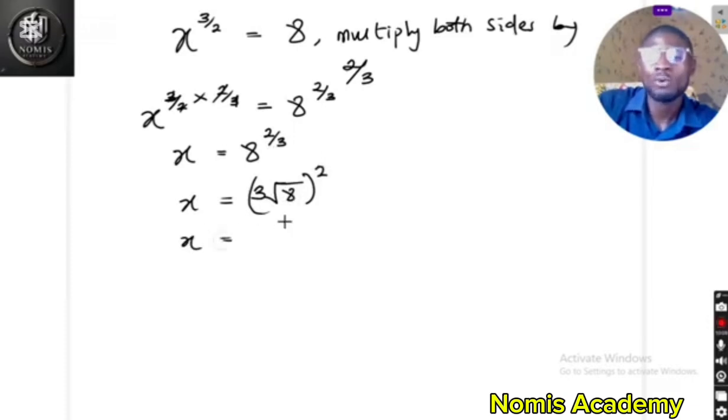So what number will I multiply by itself in 3 places to give me 8? Correct, that is 2. So everything in the bracket is 2, and outside the bracket we have the power 2. So 2 raised to the power of 2 is 4. The value of x is equal to 4.